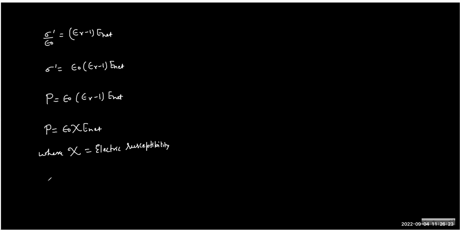That's the whole idea. So this is the formula for the polarization vector in terms of the resultant field. This is what I used to derive the second form of Gauss law, if you remember, in the last lecture of electrostatics.